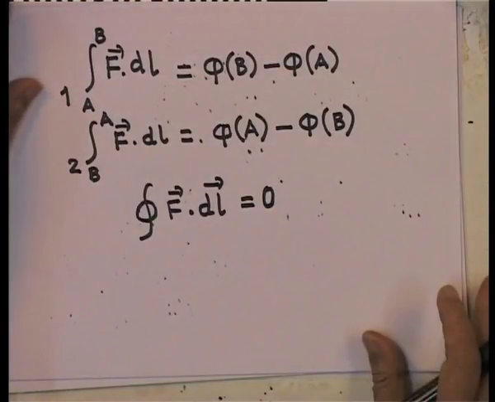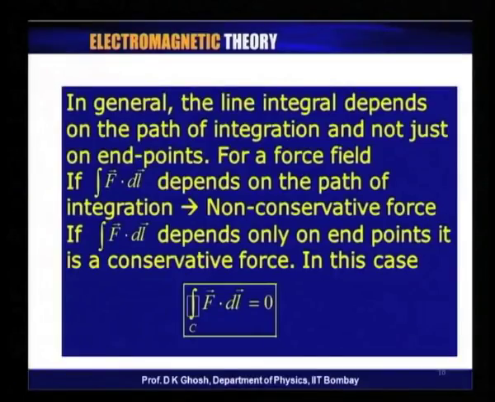So, for a conservative force, the line integral from A to B depends on only the endpoints, and if you take the force field through a closed contour, the line integral is identically equal to 0.